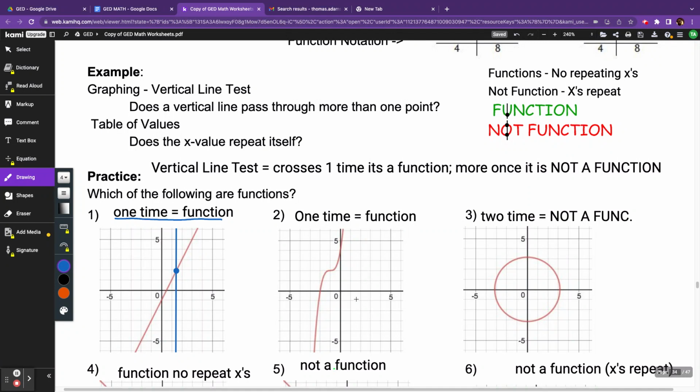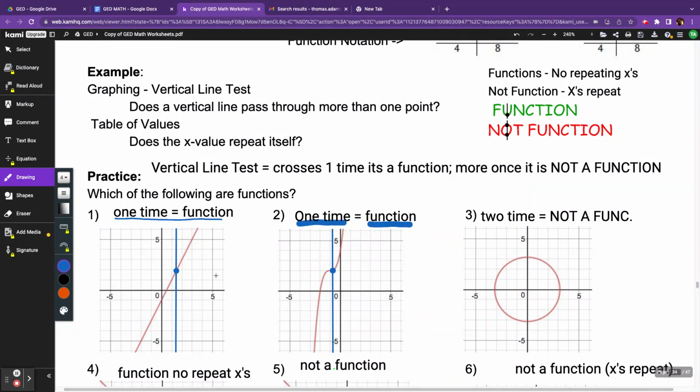Same here. You can just draw a line anywhere. If I draw a vertical line here, it crosses one. There isn't a point anywhere on this one where a line that goes straight up and down crosses more than once. So this one crosses one time, so it's a function.